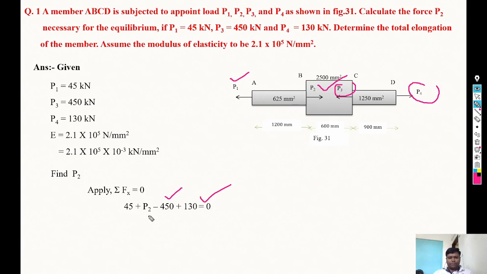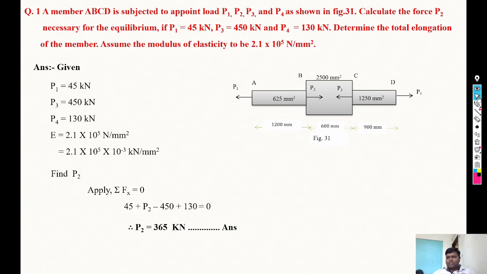So 45 plus P2 minus 450 minus 130, so that will be, just wait, 45 minus 450 plus 130, 275. 45 is in minus, 45 minus 450 plus 130, 365.